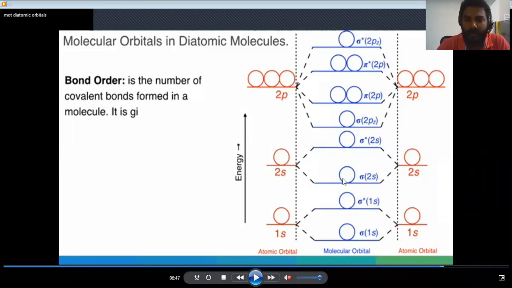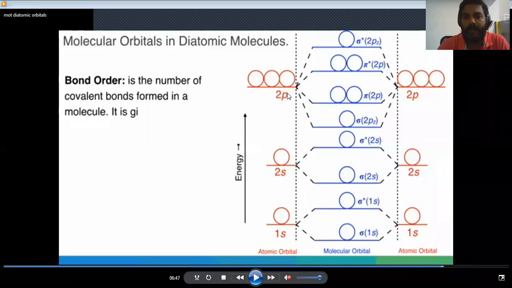Like 2s, 2 electrons, one electron here, one electron there, fill the orbital. Now remaining 4 electrons: first fill the single electrons, then fill the pairs. One electron, one electron, one electron. Next fill this one.